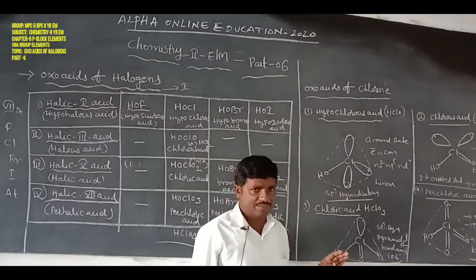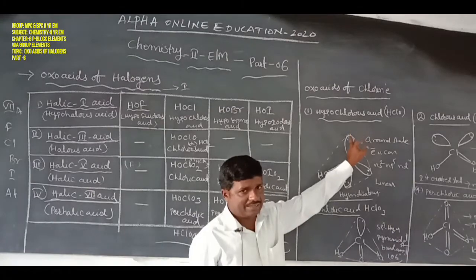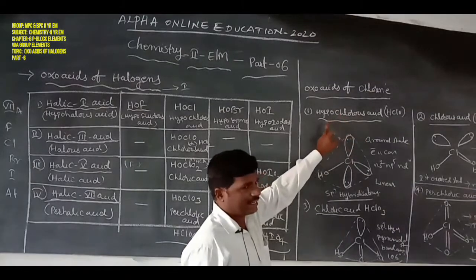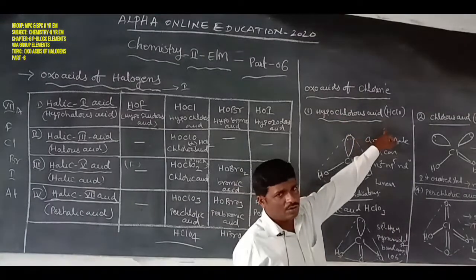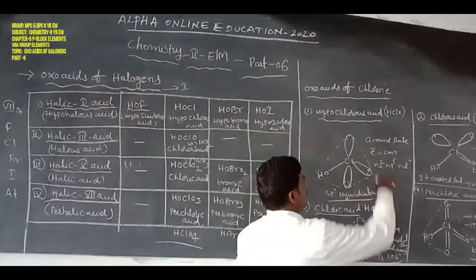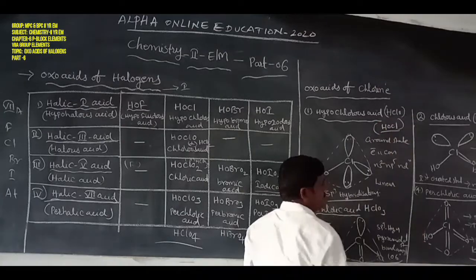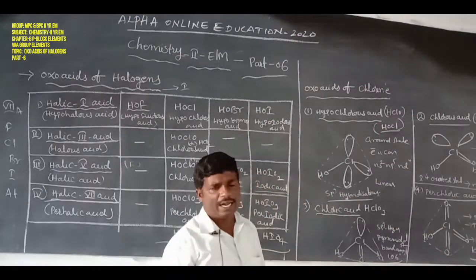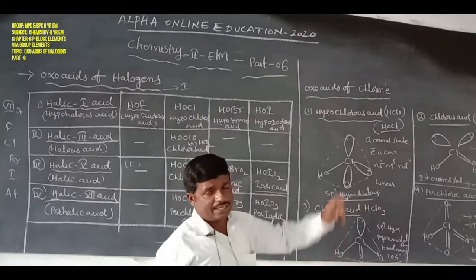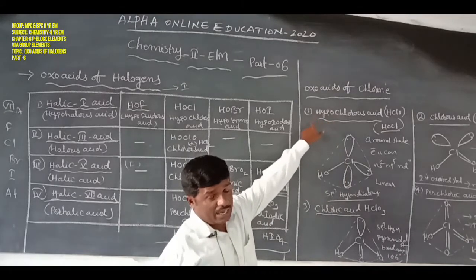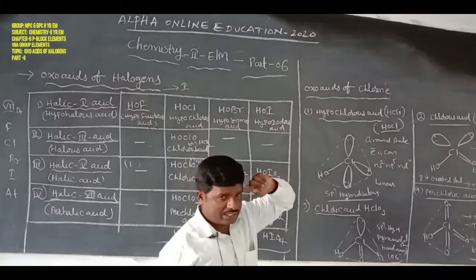The first one is hypochlorous acid, general formula HClO or HOCl. The chlorine's first oxo acid is hypochlorous acid.